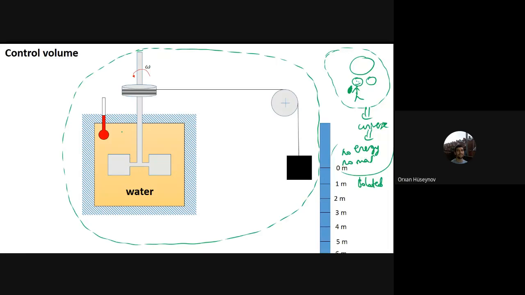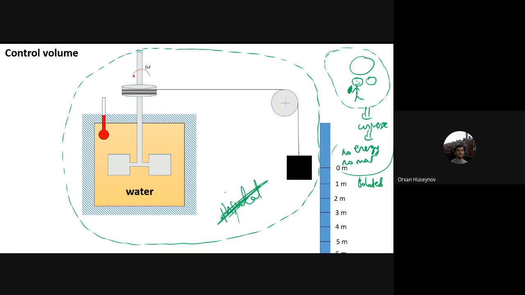Okay, now let's go back to our system. And this is our system. We have included the overall stuff here. And from the boundary of our system, we don't have any transfer of energy, and therefore this system becomes isolated.